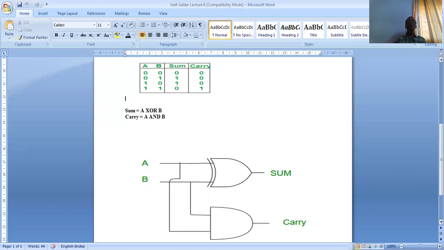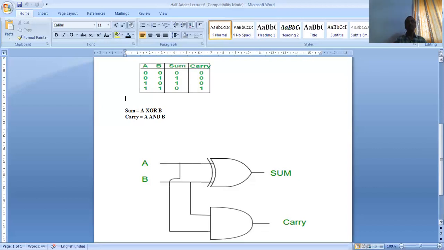Means what? 0 multiplied by 0, output 0. 0 multiplied by 1, output 0. 1 multiplied by 0, output 0. 1 multiplied by 1, output 1.